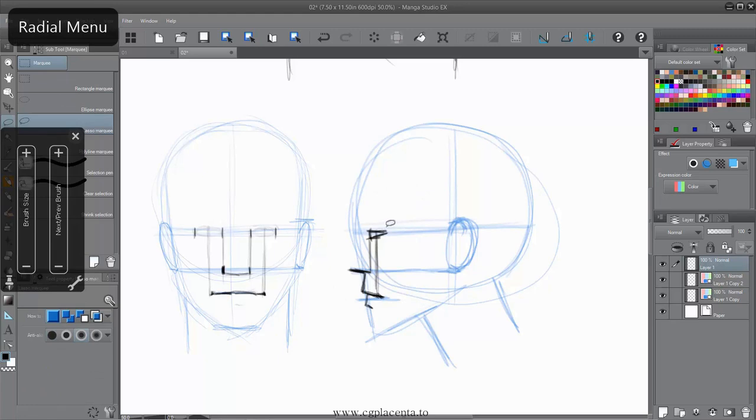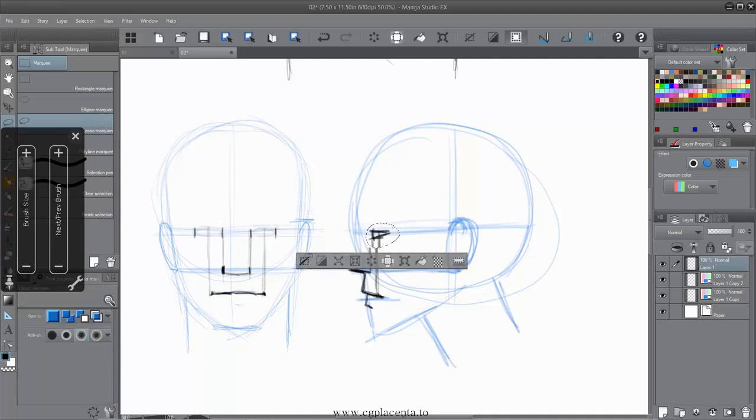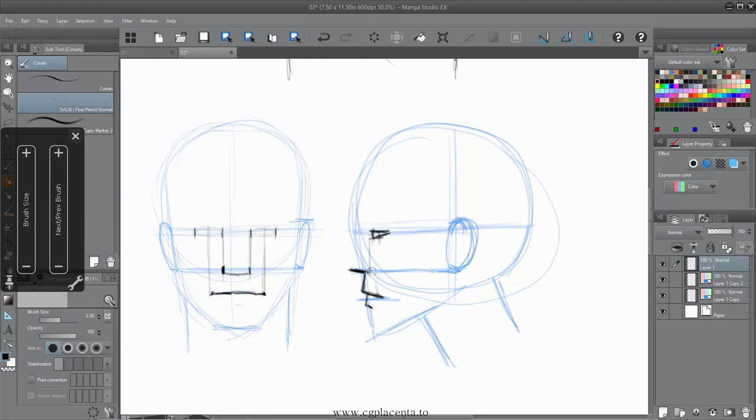Sometimes the eye can even, depending on the person, be back a little bit like this. So that, see, the nose is slightly in front of it there. Okay? So it's very important that, as I said, you remember that the face curves.